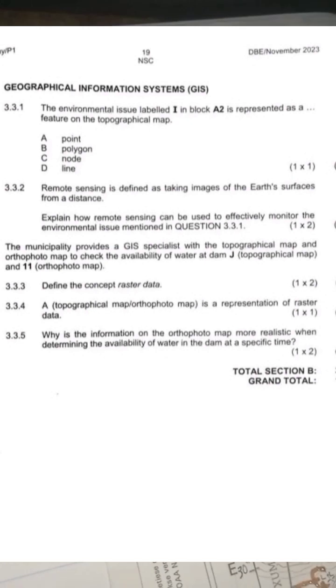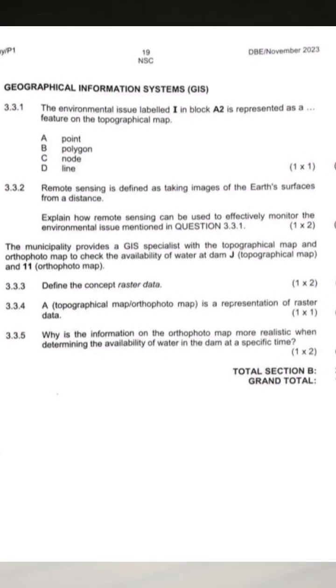Availability of water. Okay, so 3.3.3 says define the concept raster data. So this is a definition.